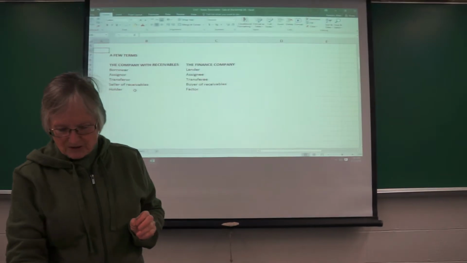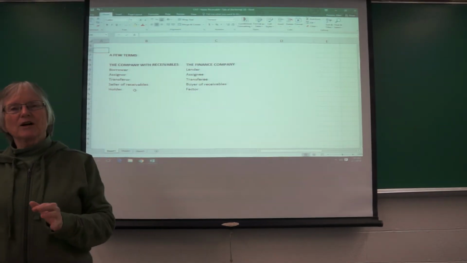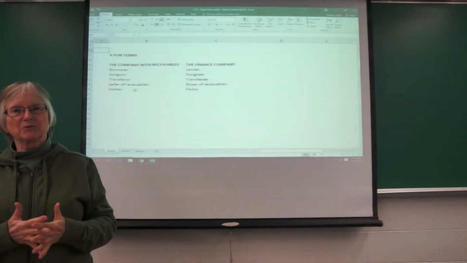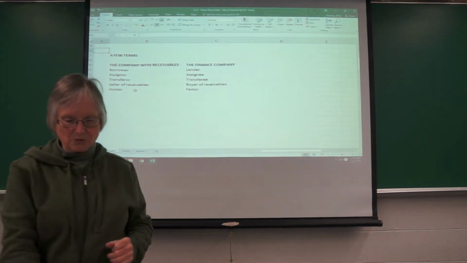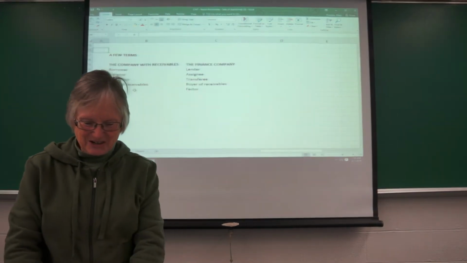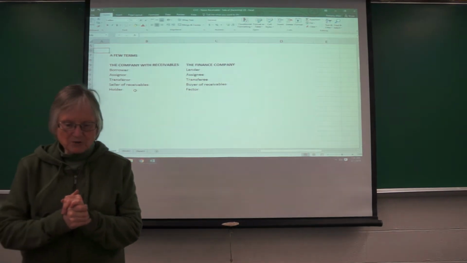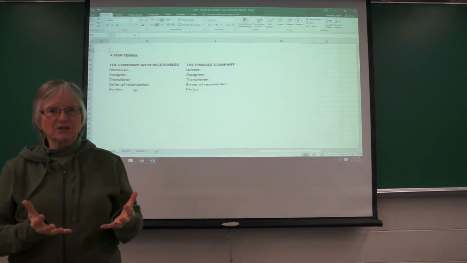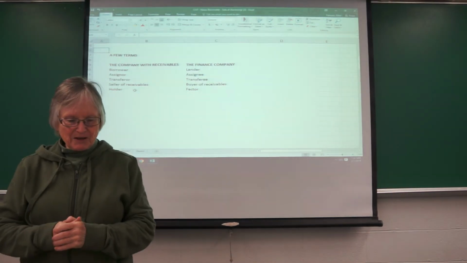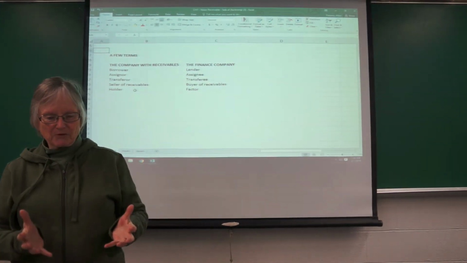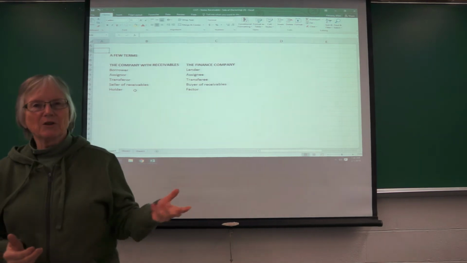Okay, and then you have, as a separate item, the risk of non-collection, and that's where we get into selling the receivables with or without recourse, but we'll see how that works as we do the examples. The sales without recourse, these are just actual sales, in form and substance. The factor, the buyer of the receivables, assumes the risk of all the bad debts.